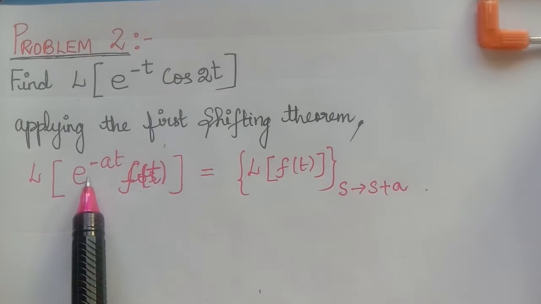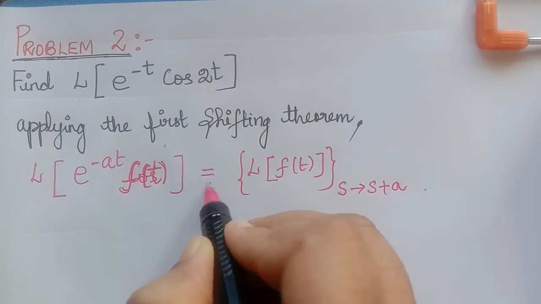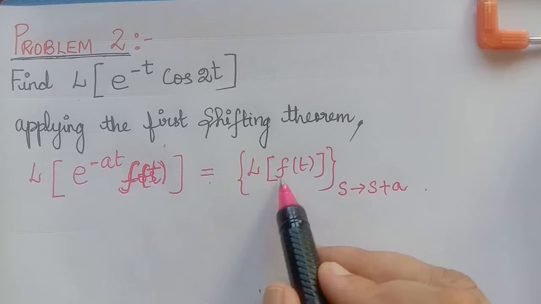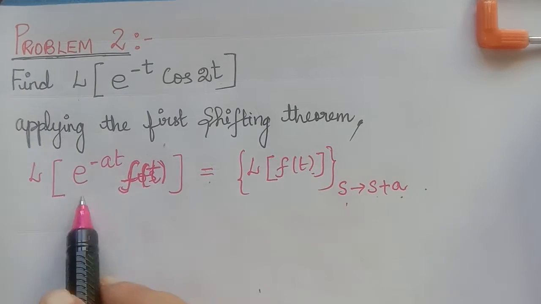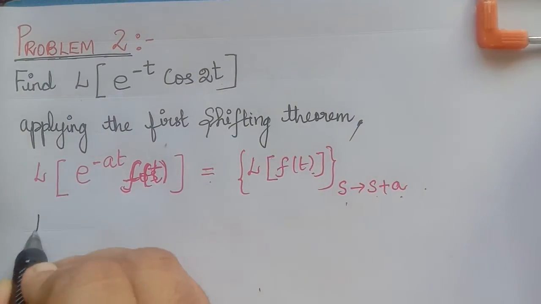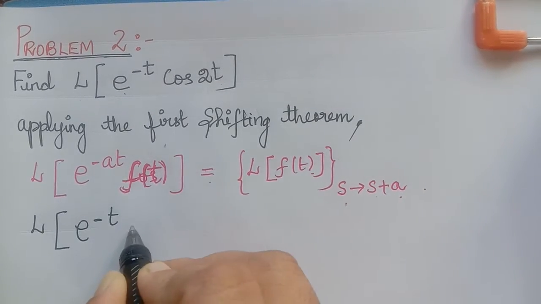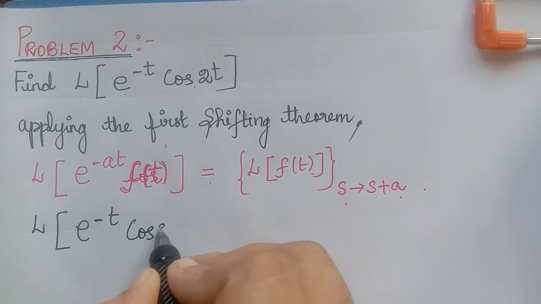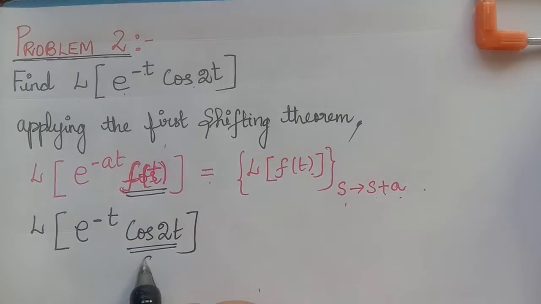L of e to the power negative at f of t is equal to L of f of t, where s has to be replaced by s plus a. Here in the question, we have to find L of e to the power negative t f of t, where f of t is cos 2t.